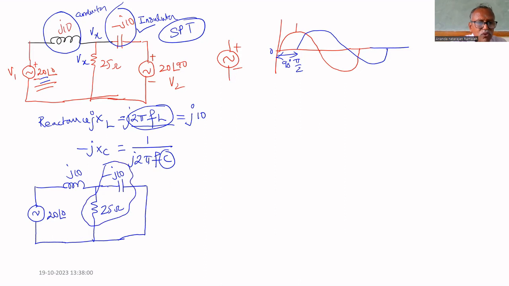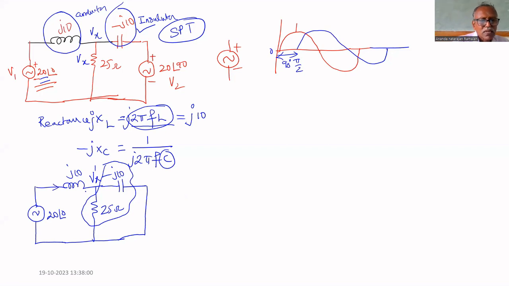We have to find the current through the 25 ohm, or rather find Vx dash. Instead of finding the current and then the voltage, we can directly find the voltage by using nodal analysis. If you use nodal analysis, what will happen?